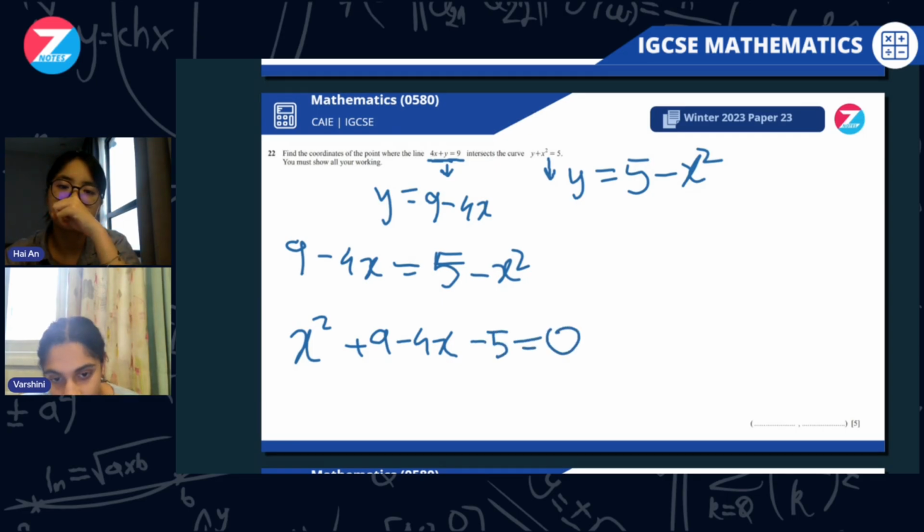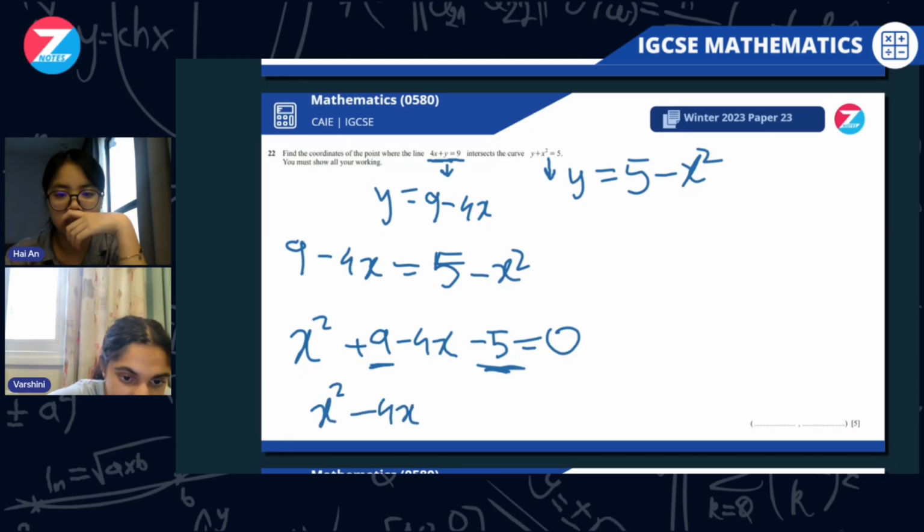Don't forget there's something on the other side of the equation. Now let's simplify. We add 9 and minus 5 to make one term, 9 minus 5 is 4. So that becomes x squared minus 4x plus 4 equals 0.